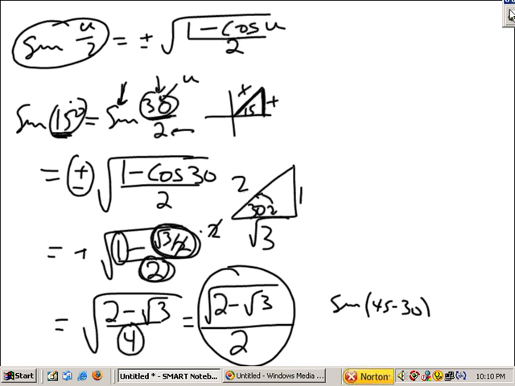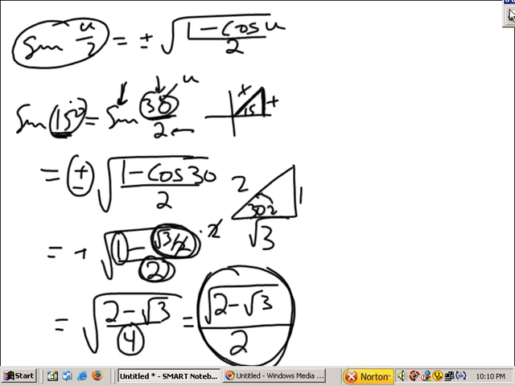I don't think it looked like it. You know what? They're the same. Whatever we got is going to be exactly the same, just using algebra. I don't think we took the square root of the whole numerator. Okay, those are ways to deal with the half angle formulas.